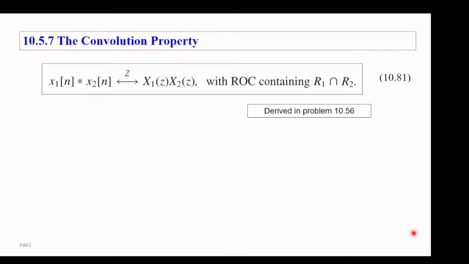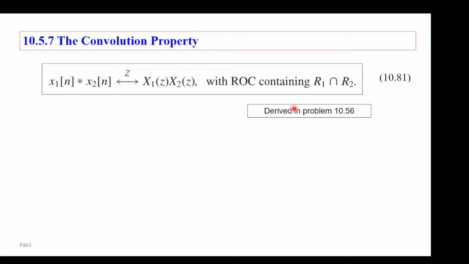Okay, and then finally we have the convolution property, which we have a very short slide for. But as always, the convolution property is very useful because it lets us analyze LTI systems. The convolution property says that if you have the convolution in the time domain, you have the multiplication in the frequency domain. So x1 convolved with x2 is z transformed to big X1 times big X2.